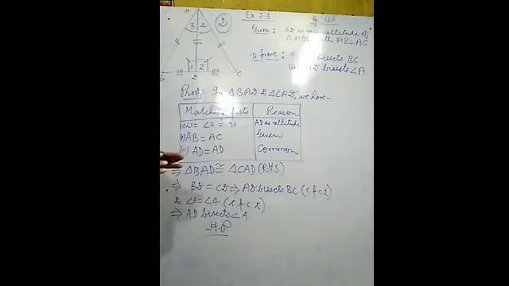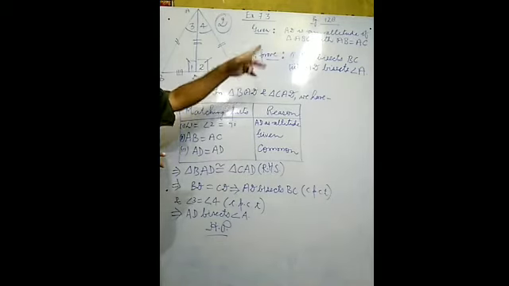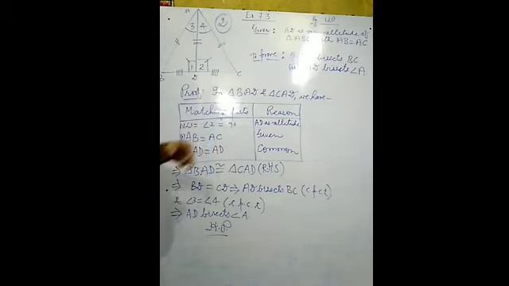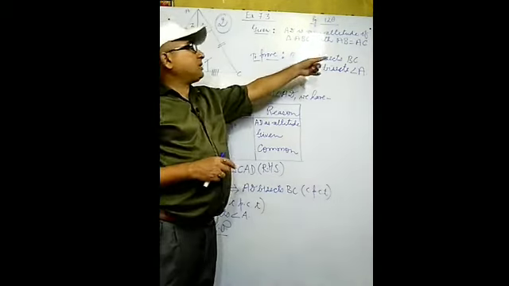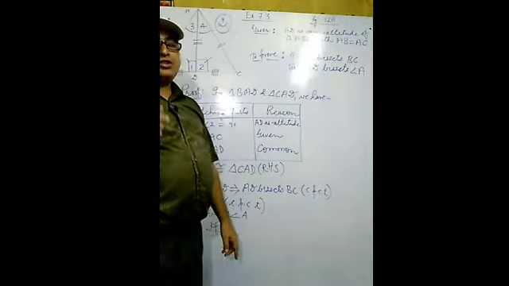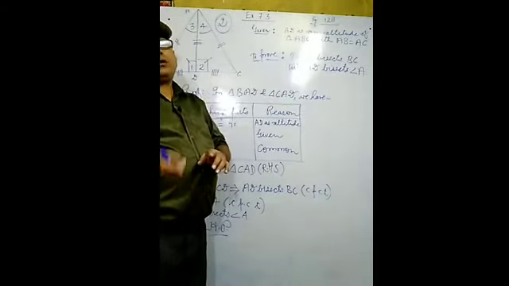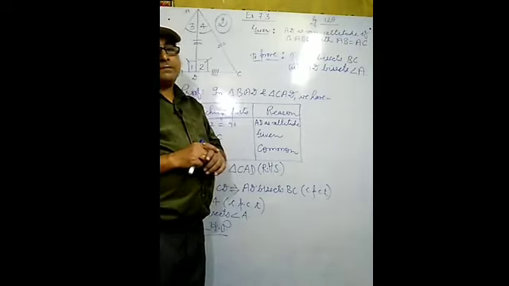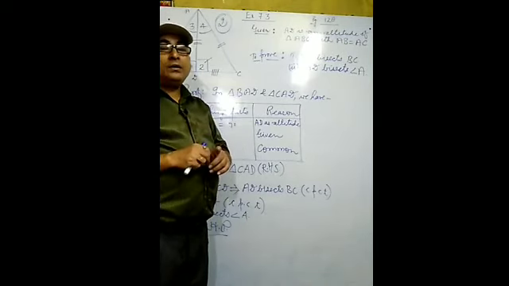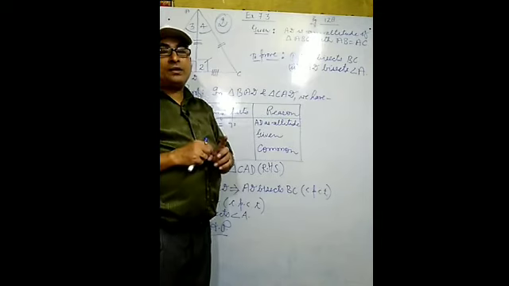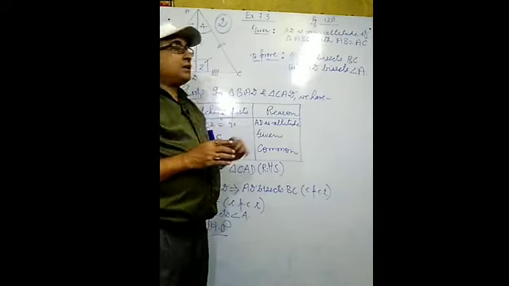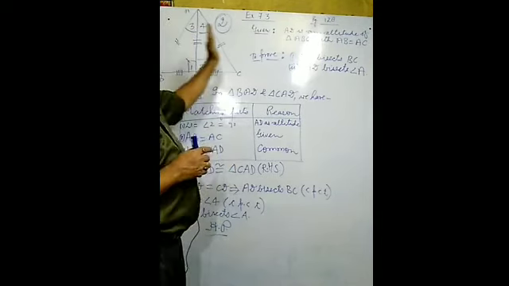In this way, we have proved both the results. What are required? AD bisects BC, it is by CPCT. AD bisects angle A, this one is also by CPCT. In this way, by showing the RHS congruency condition, we have proved that the left hand triangle is congruent to the right hand.